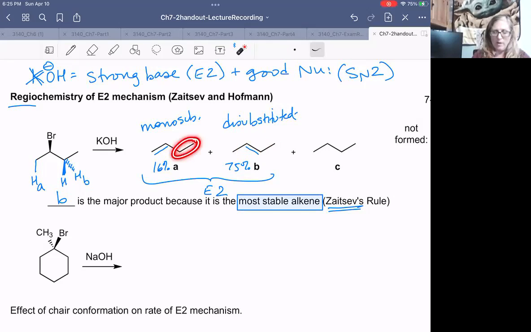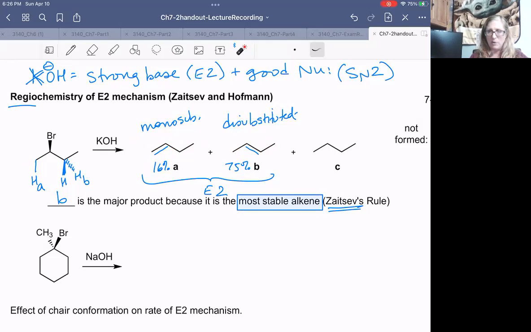This has just one carbon group attached. It has three hydrogens on it. And alkenes love having carbon groups, alkyl substituents on them. So the more alkyl groups, the more stable. Zaitsev's rule says that we get the most stable alkene possible if there's more than one alkene that can be formed.